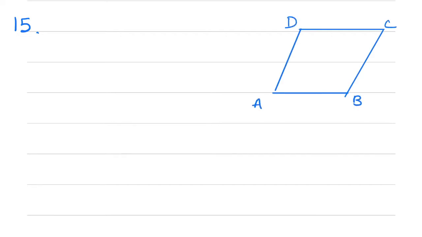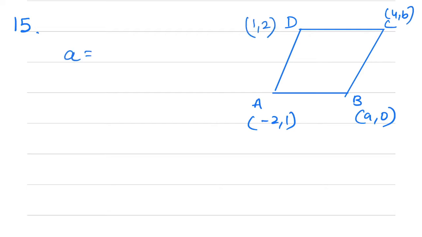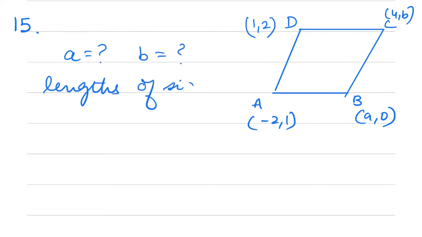The coordinates for A are minus 2, 1, and for B are a and 0. C is 4 and b. Then D is 1 and 2. We need to find out a, we need to find out b, and the lengths of sides.